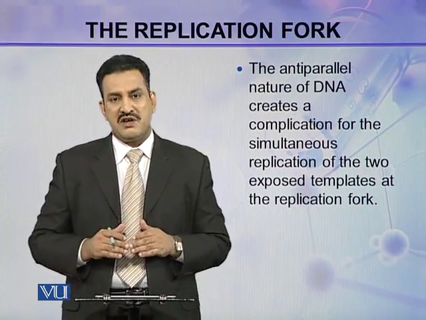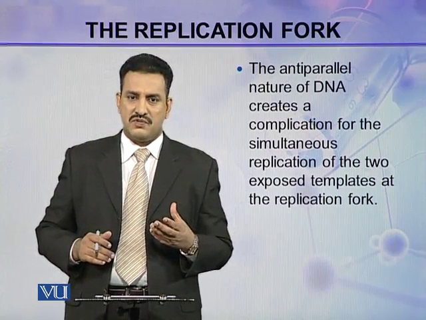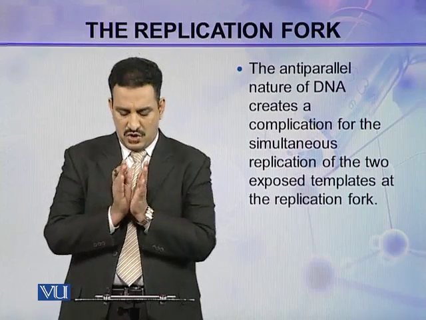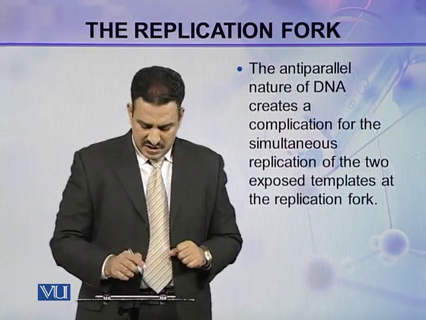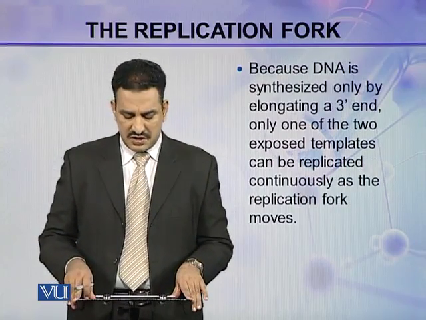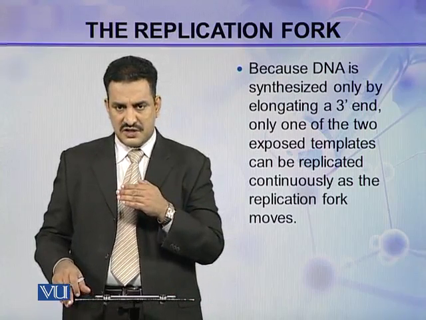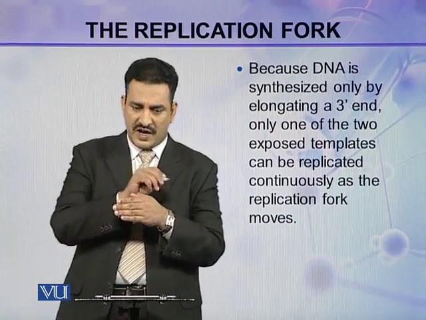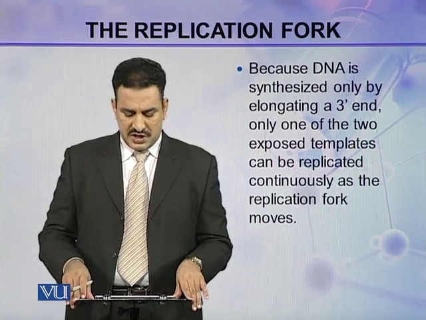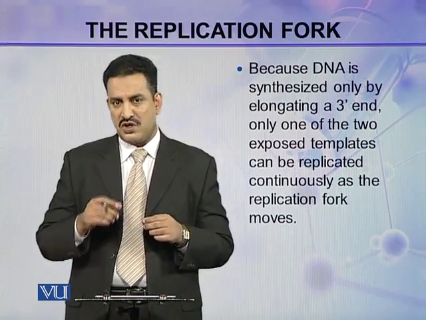This anti-parallel arrangement creates some complications for the synthesis of new strands on the two single-stranded templates. Because you know, DNA is only synthesized by elongating a 3 prime end, that is, synthesis only goes from 5 to 3 prime. Only one of the exposed templates can be replicated continuously as the replication fork moves.